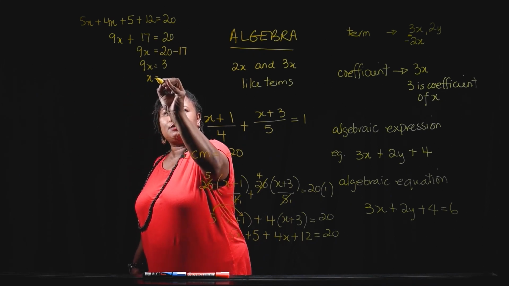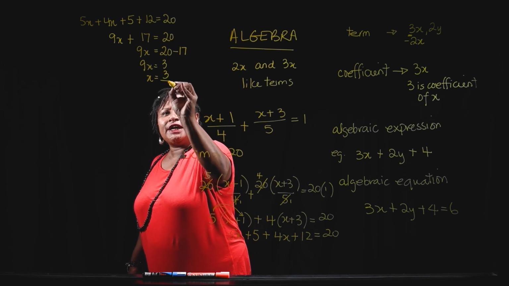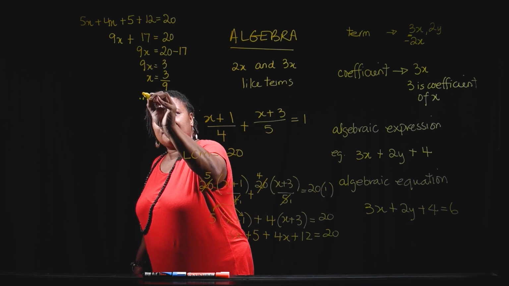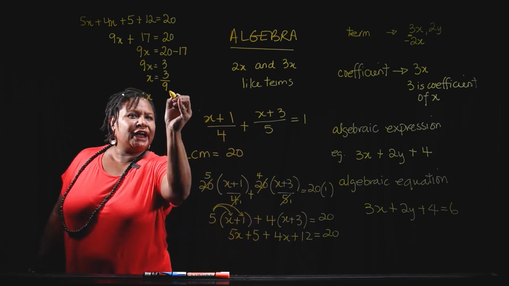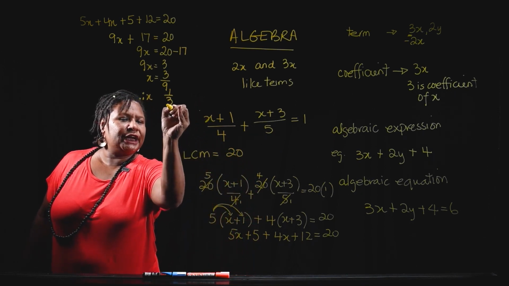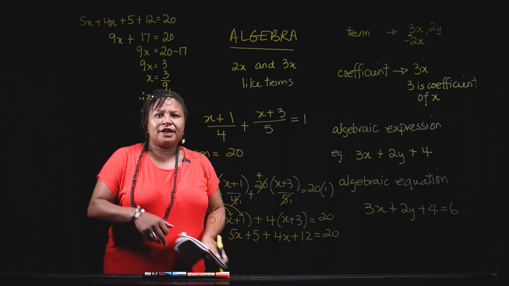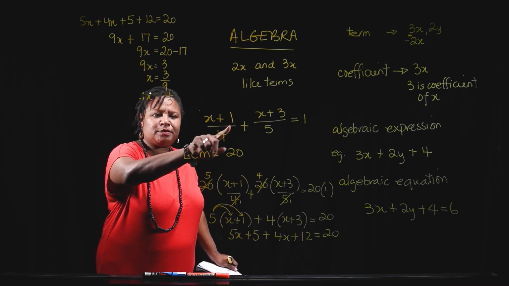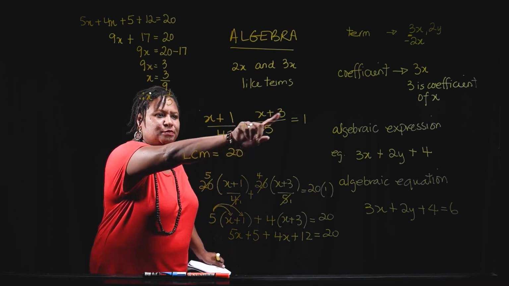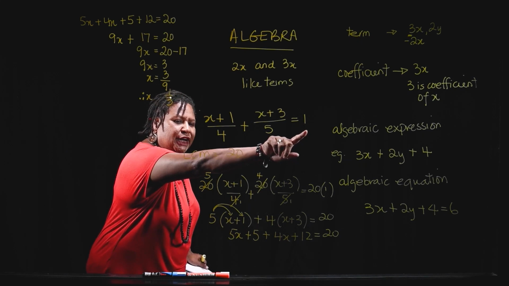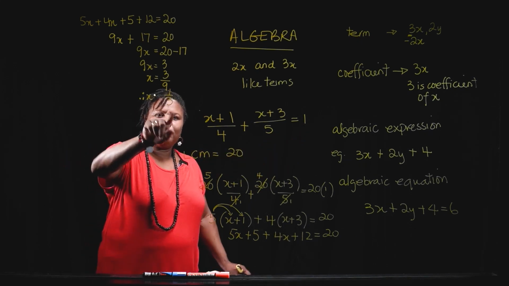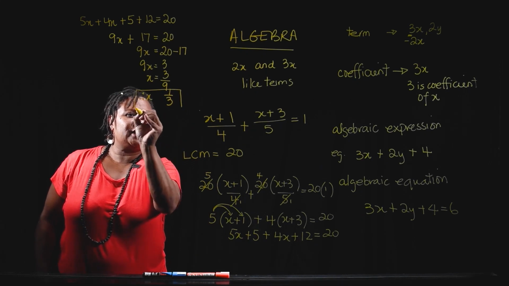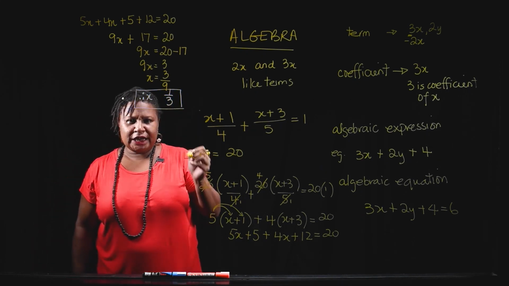So x is equal to 3 divided by 9, which is therefore equal to 1/3. Okay? So from the original equation, (x + 1)/4 plus (x + 3)/5 equal to 1, the answer is 1/3. Okay? x is equal to 1/3. That's the value of the unknown.